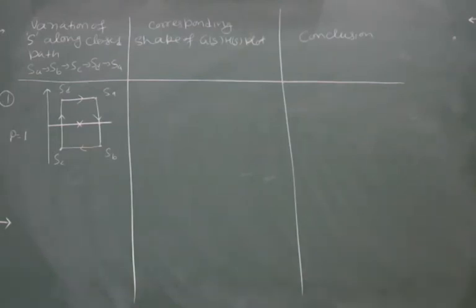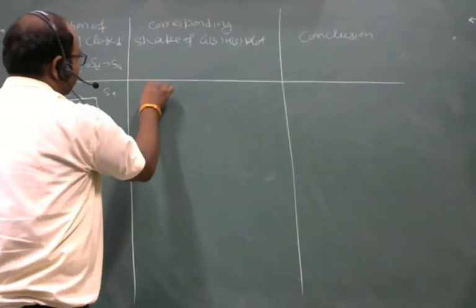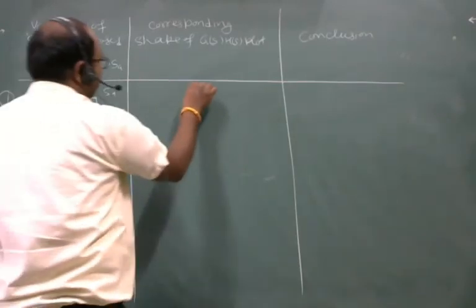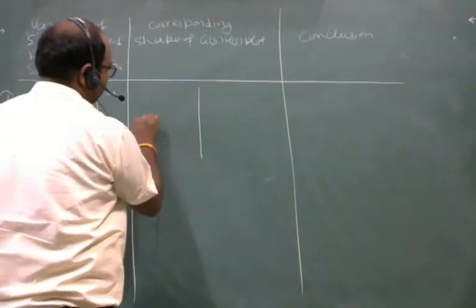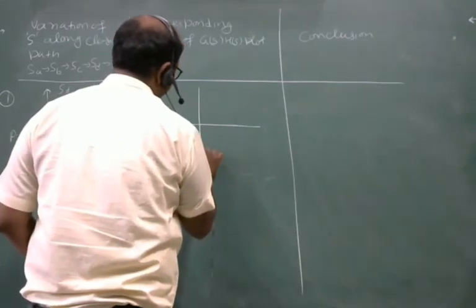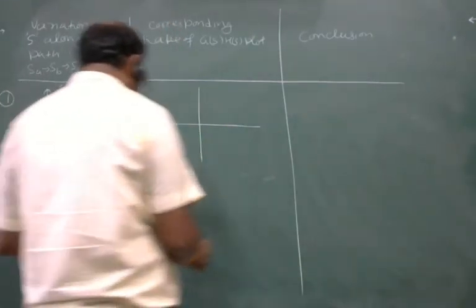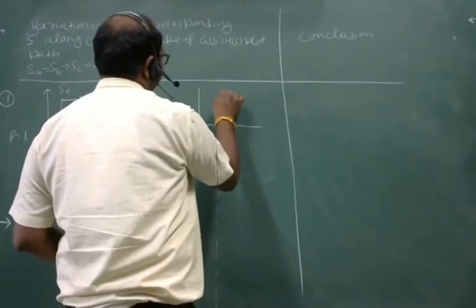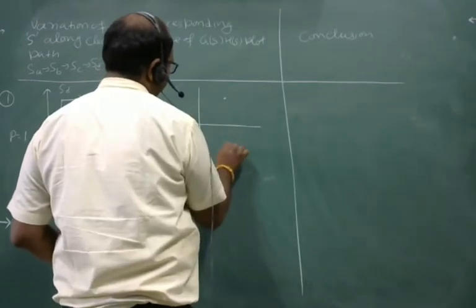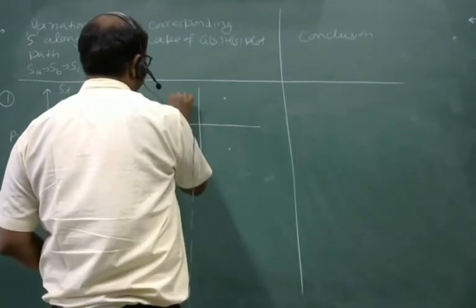Now, the corresponding plot of G(s)H(s) is like this, assuming like this.